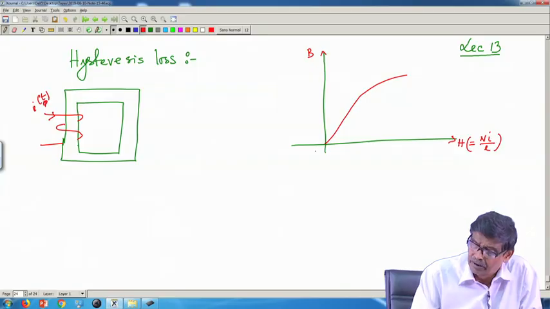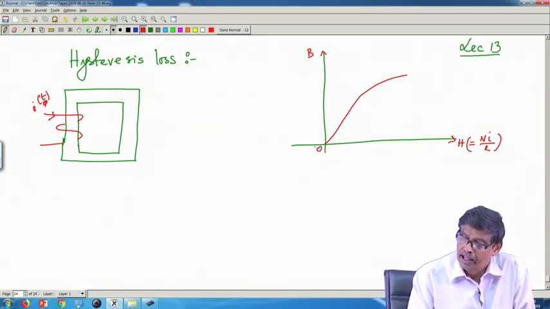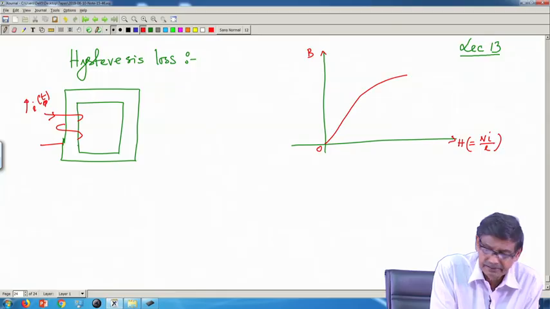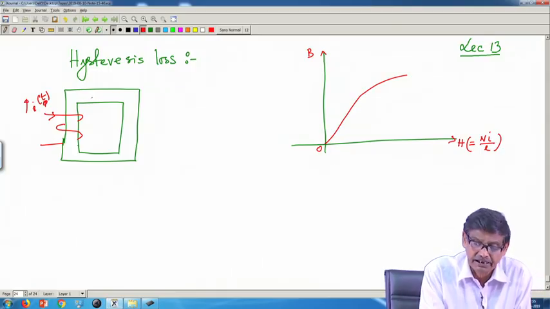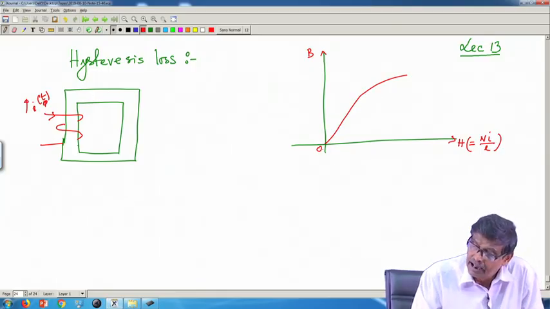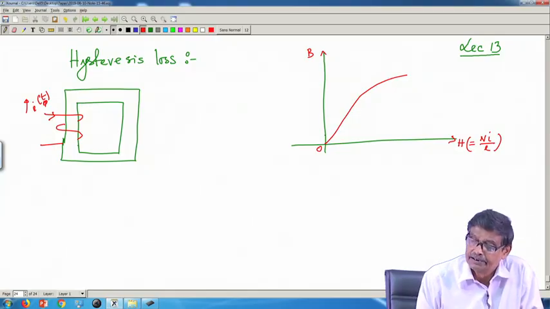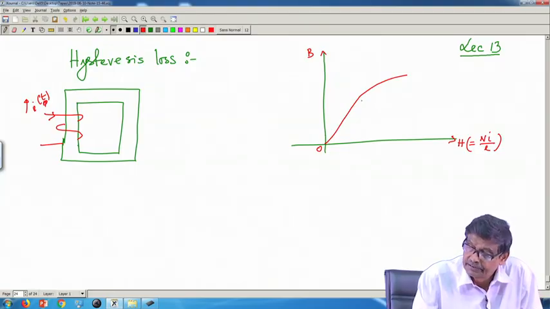Now, this is how I draw, and if you increase this current I starting from 0, initially it was not magnetized. So, as I go on increasing the current, you will find B is increasing almost linearly in the initial phase.